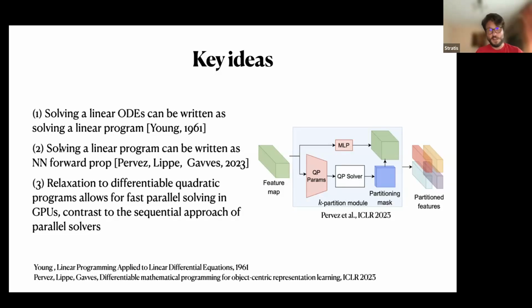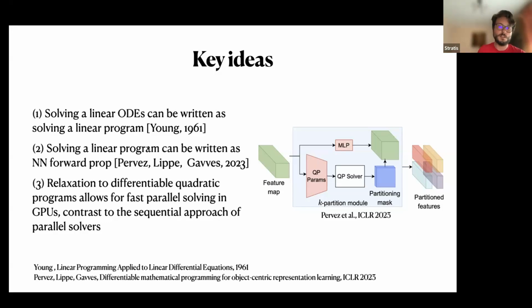And as a matter of fact, at ICLR 2023, presented in May, we presented a paper on differentiable mathematical programming for object-centric representations, which posits that one can integrate the solution of a linear program as a forward propagation in a neural network layer. So the layer of the neural network becomes the solution of the linear program.